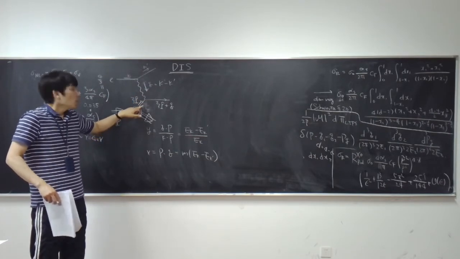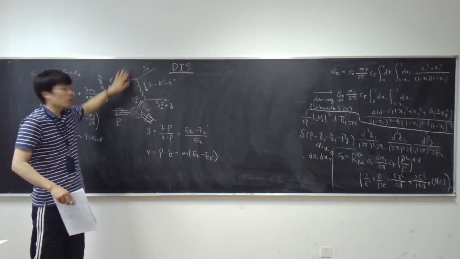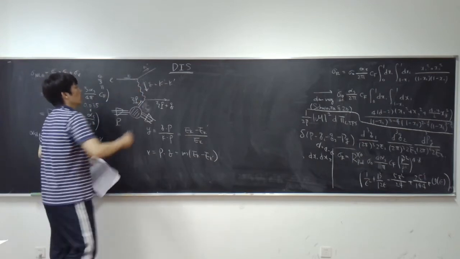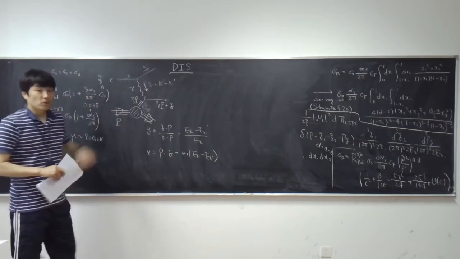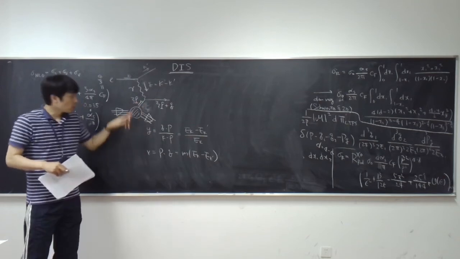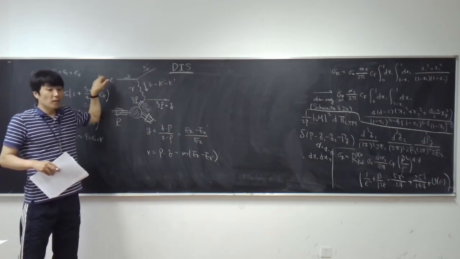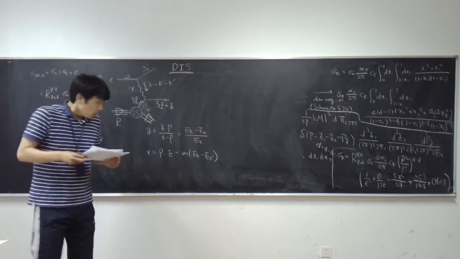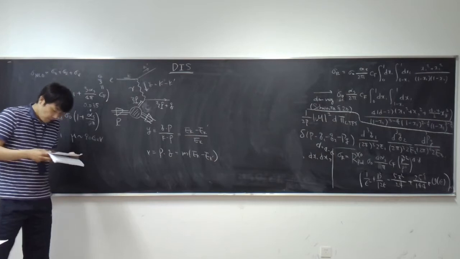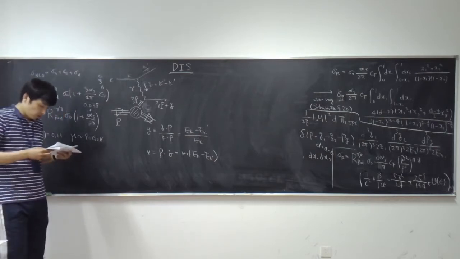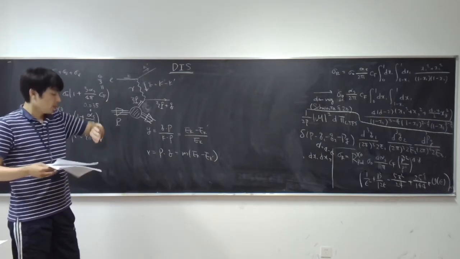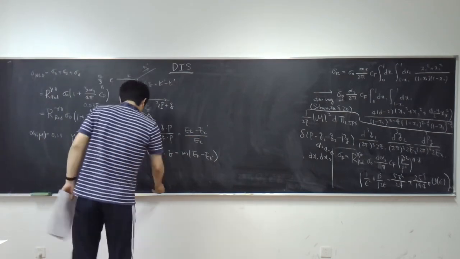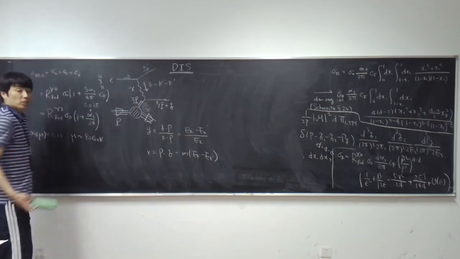Then some QED process occurs, because the quark interacts with the photon gamma. So this quark interacts with the high energy electron via photons. We will consider the so-called Parton model today, which is the end of today's discourse. Any questions so far?